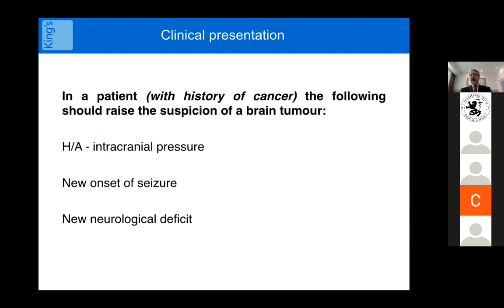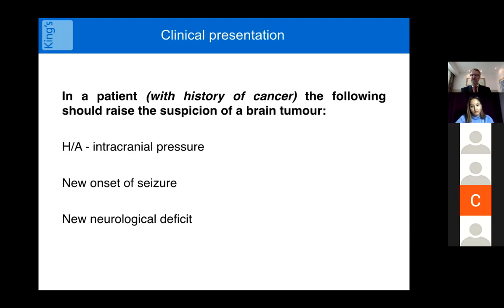So how do these tumors present in clinical practice? In a patient who presents with the following symptoms, the presence of a brain tumor should be suspected, particularly if they have a background history of cancer somewhere else in the body. And these are headache with characteristics of raised intracranial pressure, and we'll go into detail about the symptoms of raised intracranial pressure.